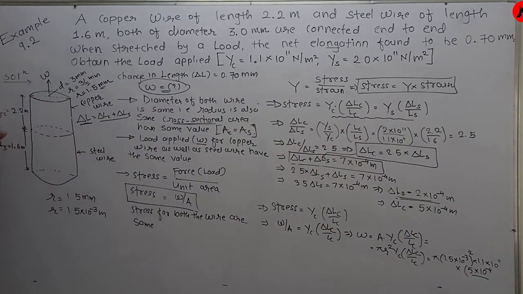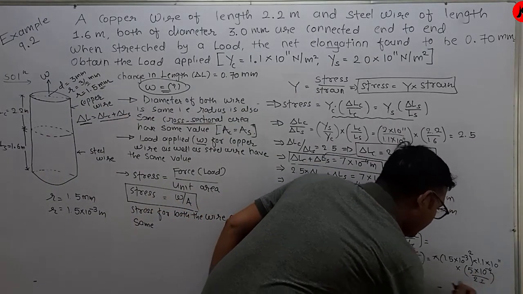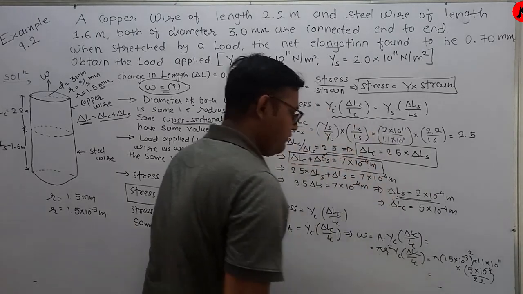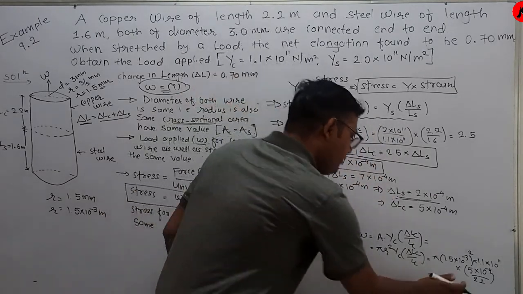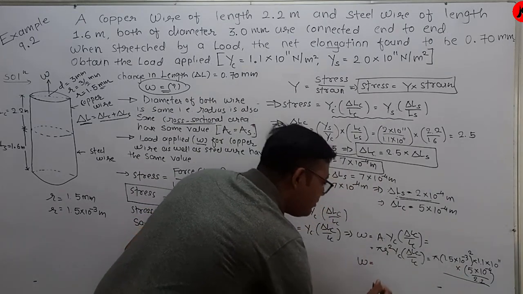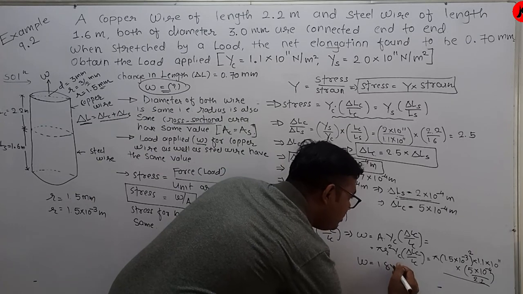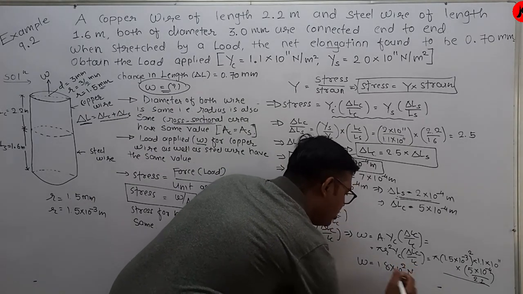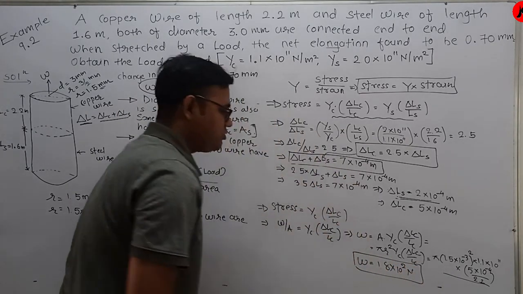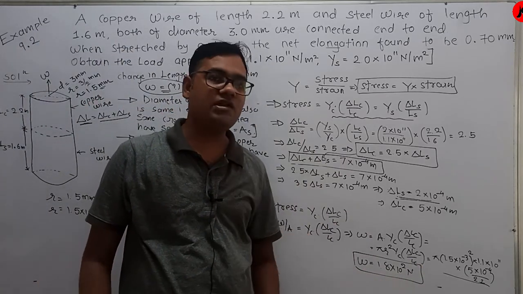LC is given as 2.2 meter, right? If we solve this, we will get the value of W, which is equal to 1.8 into 10 raised to 2 Newton.